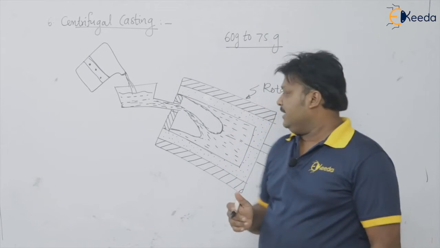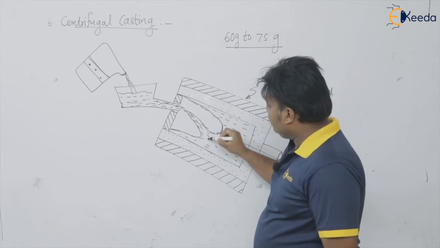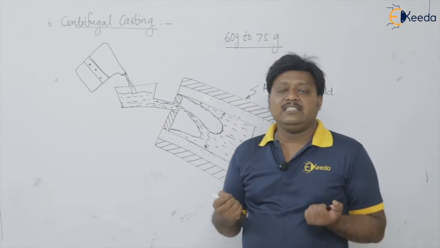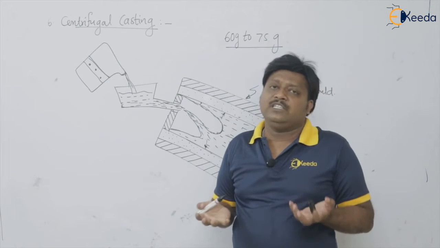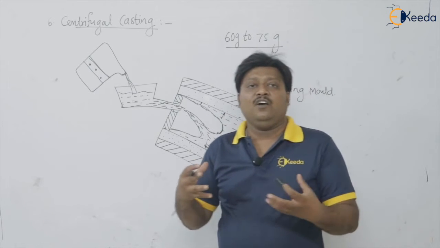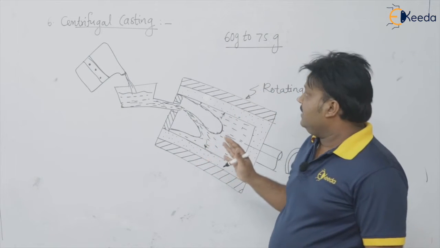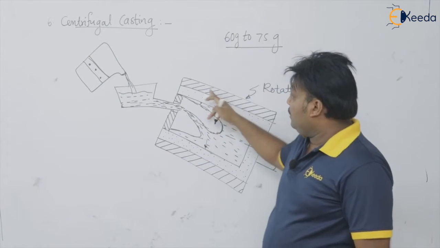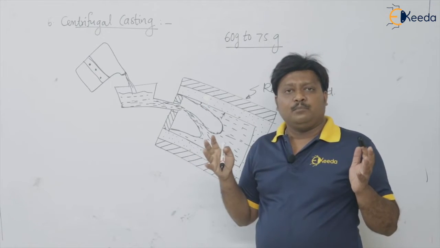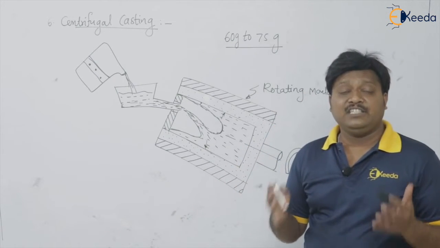So what happens here? The heavier molten material goes around the surface of the casting, and the less dense material, or lighter impurities, get collected near the axis of rotation. Please remember, in the centrifugal casting technique the permanent mold rotates at very high speed, producing centripetal acceleration of around 60 g to 75 g.